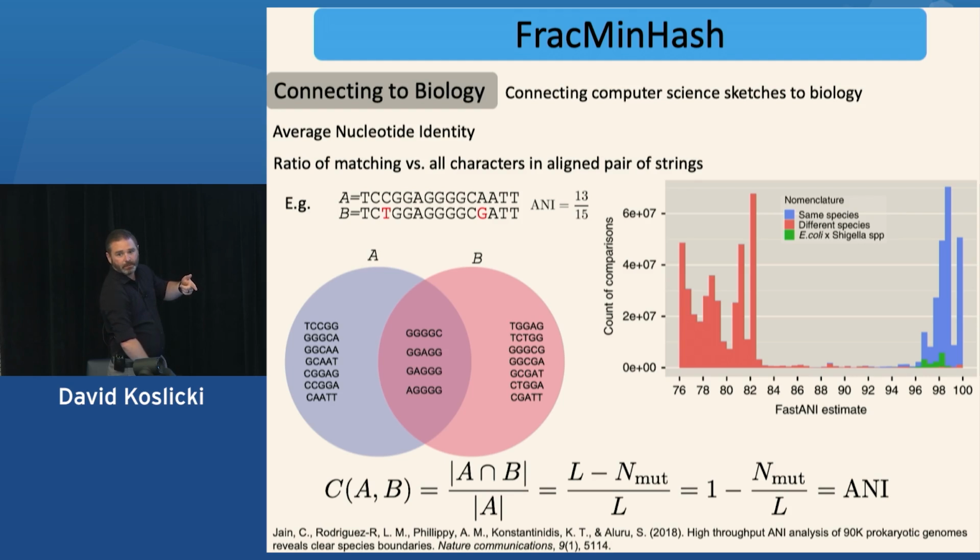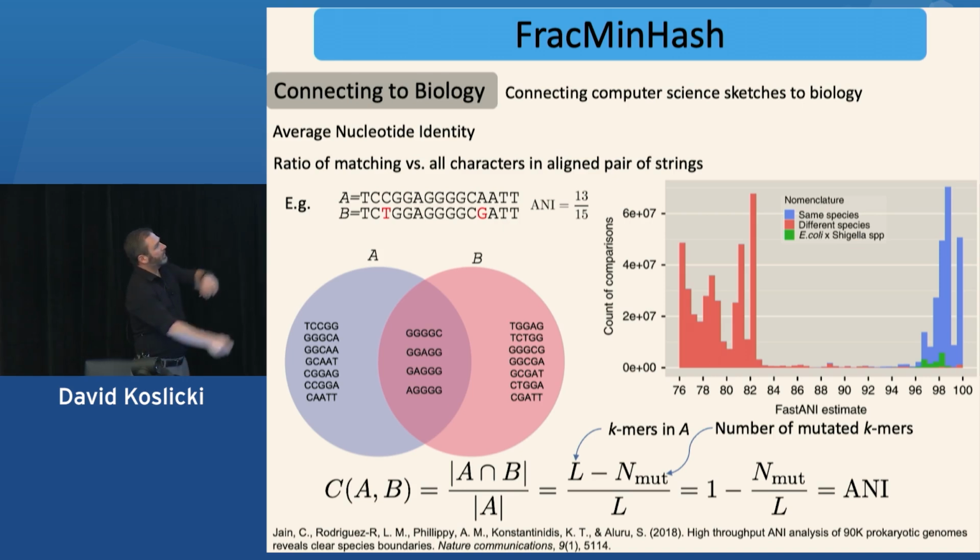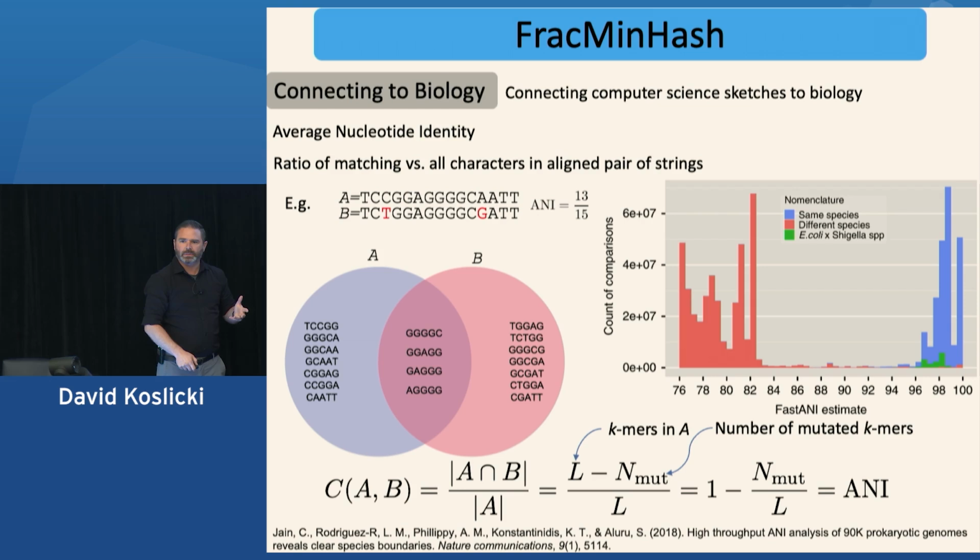So to compute my containment index, I'm basically taking all the k-mers in A, and I'm removing all the k-mers that have been mutated. Because every time I have a mutated k-mer, it gets, boop, kicked out of A over here into B. Divide by the number of k-mers in A, and that's this quantity right here, and you'll notice that, oh wait, this is 1 minus the fraction of mutated k-mers.